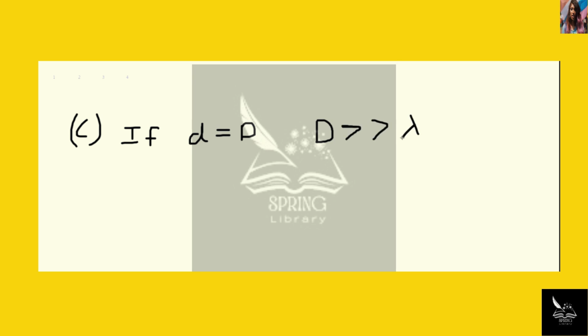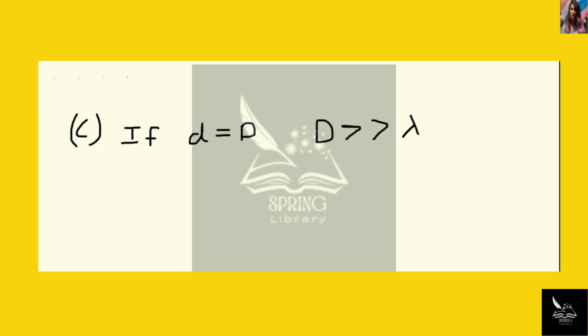Okay, and then lastly, part C, where if we consider the distance between the slits is equal to the width of each slit, then if that's true, the width of each slit, D, let's rewrite that D to make it look a little nicer, the width of each slit, D, is going to be much greater than the wavelength that's going through the slits, lambda.